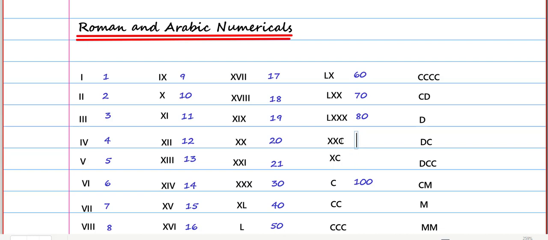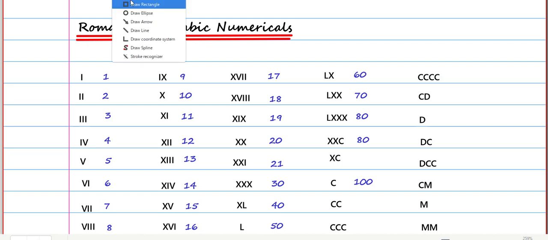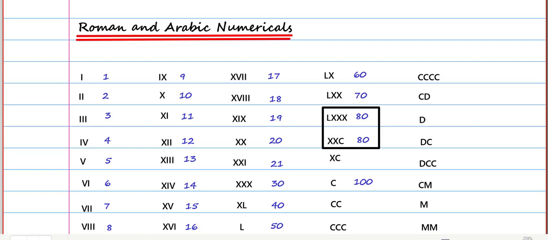If C is 100 and X means 20, 20 is coming before 100, before C. That means we need to subtract. So 100 minus 20, which is 80. So you can write 80 in two ways. Either this or this.